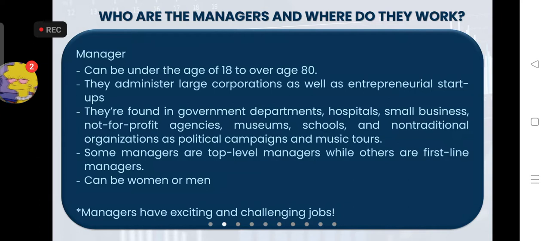Some managers are top-level managers, while others are first-line managers. Managers can be women or men. And managers have exciting and challenging jobs. Next slide, please.